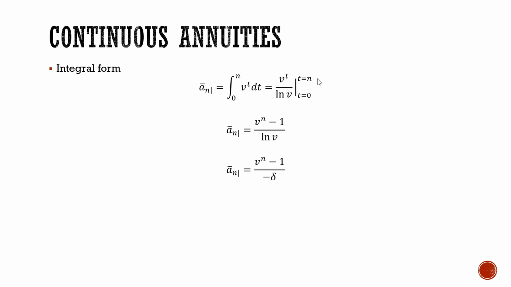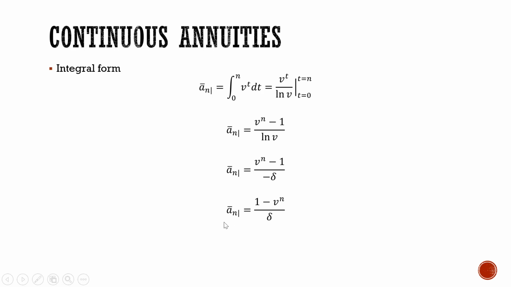Remember, natural log of v is natural log of (1 + i)^(−1), so that is negative natural log of (1 + i), and natural log of (1 + i) is delta. So this is negative delta. Then we switch the positions of 1 and v^n to cancel the negative sign, so the continuous annuity that lasts n years is basically (1 − v^n)/δ.